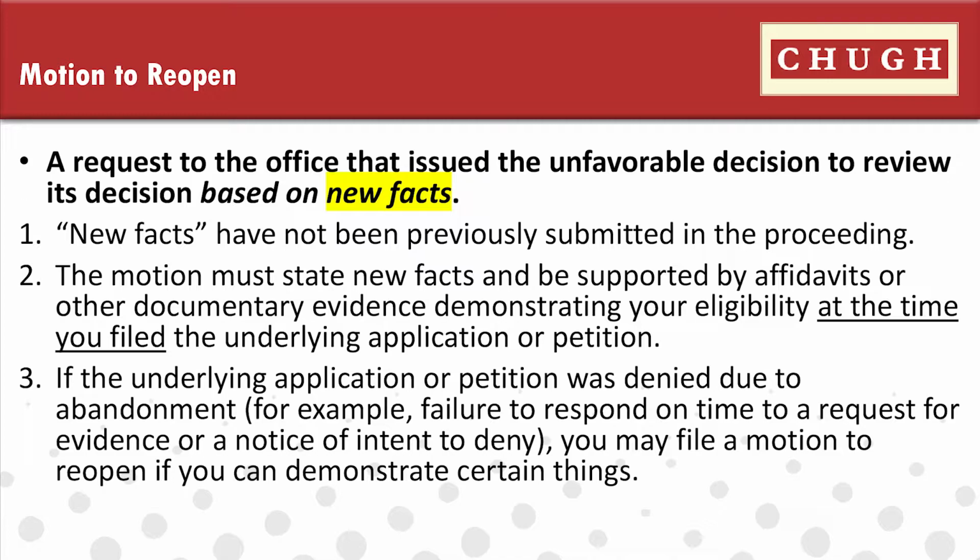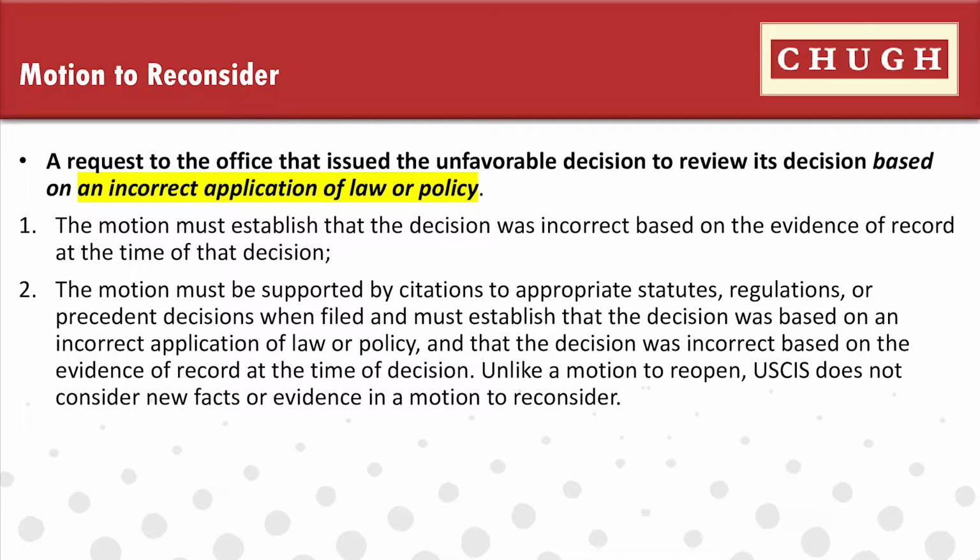So, motion to reconsider. In a motion to reconsider, you must prove that the decision was incorrect based on the law and with the evidence you already submitted in the initial filing. Unlike a motion to reopen, the USCIS will not consider new facts or evidence in a motion to reconsider.